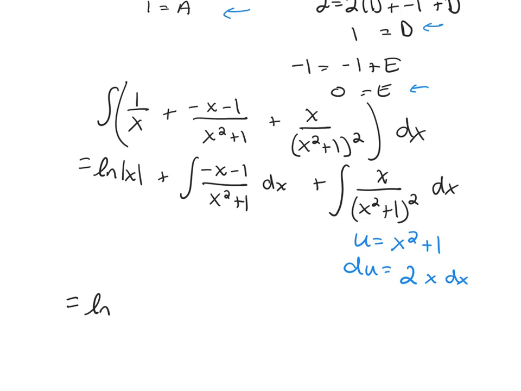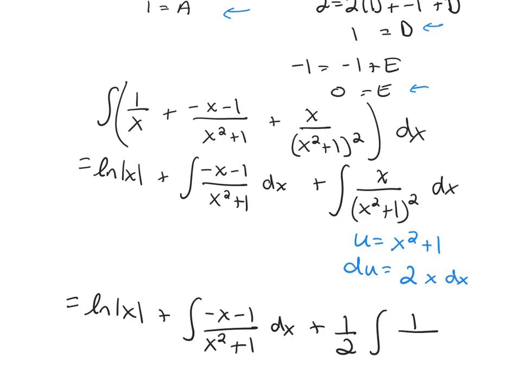So I still have my first term, ln of x, plus this thing here. And now I'll get a 1/2 the integral of 1 over u squared du. What do you get when you integrate 1 over u squared? u to the -1 over... Yes, exactly.